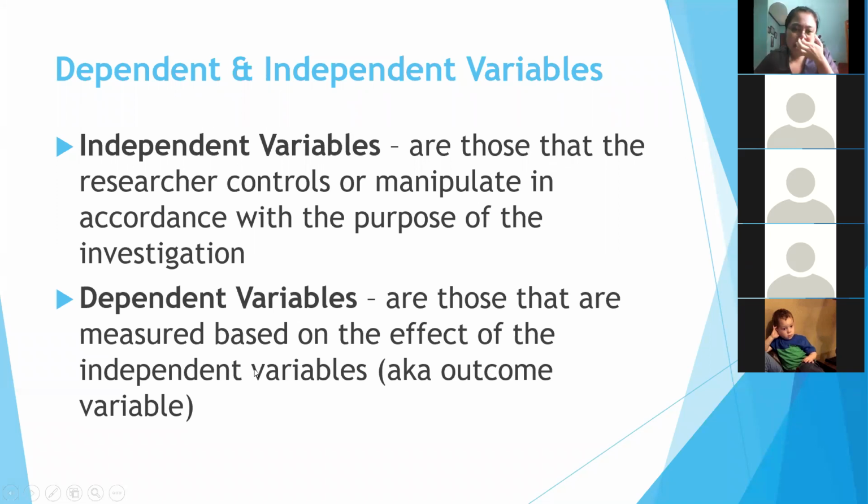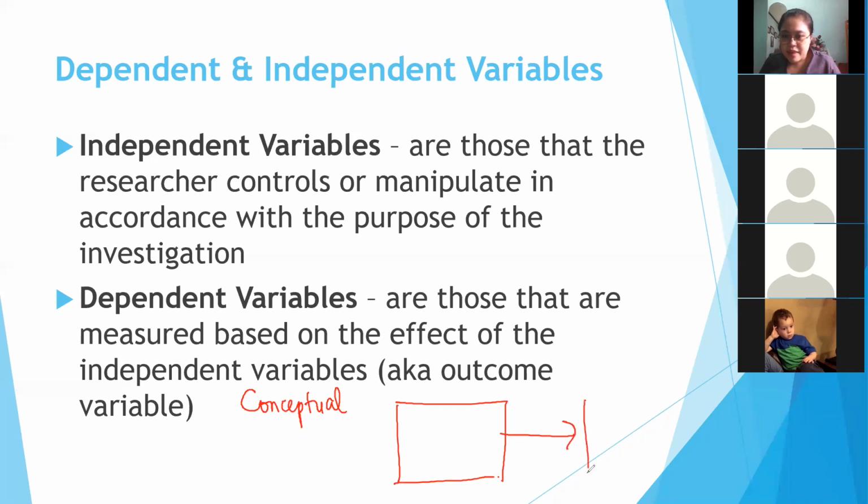Dependent variables, class, are the variables that we measure based on the effect of the independent variable. So this is how we write independent and dependent. In research, this is part of the conceptual framework. The IV and the DV. We put them in a box.